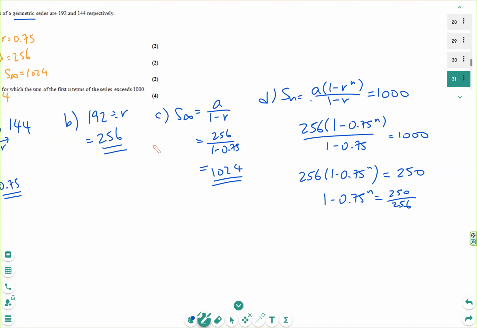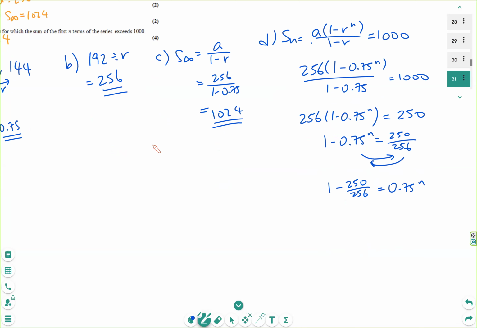Then I will make this positive by moving this to the left hand side, so 1 minus 250 over 256 equals 0.75 to the power n. Now, when n is in the power, take log on both sides, or take ln if you prefer. I'll do ln. This one is 6 over 256, and ln of 0.75 to the power of n.